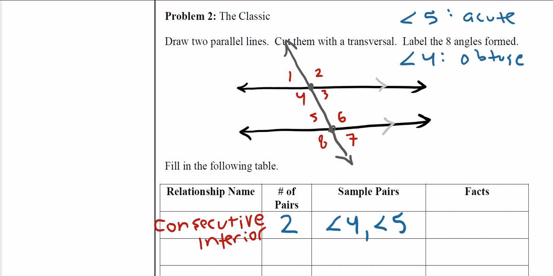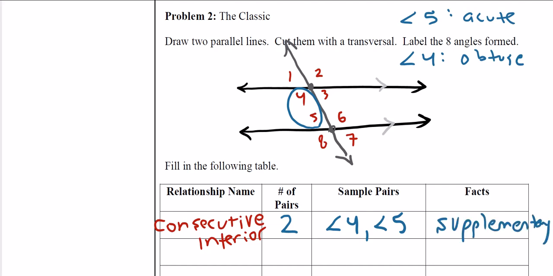We can't say that they're congruent to each other. However, we note that acute plus obtuse could never be 90 degrees. So may I propose to you that an acute angle plus an obtuse angle could possibly be 180 degrees. And I would propose further to you that consecutive interior angles are supplementary.